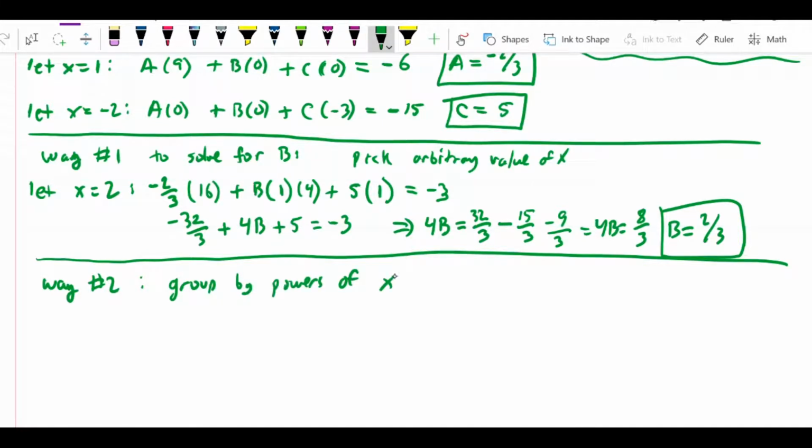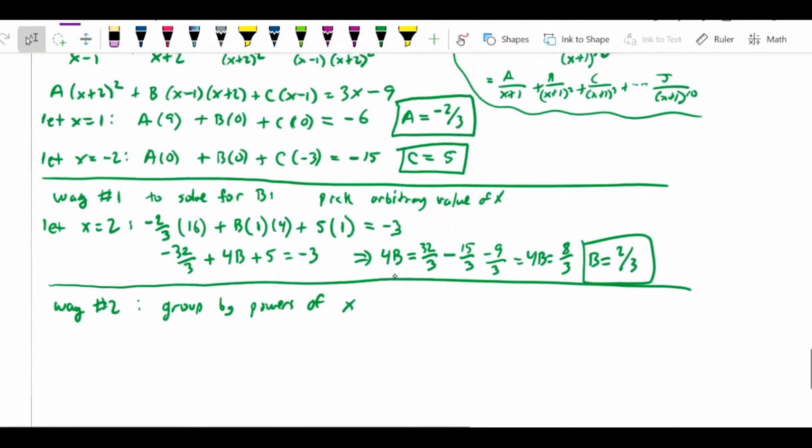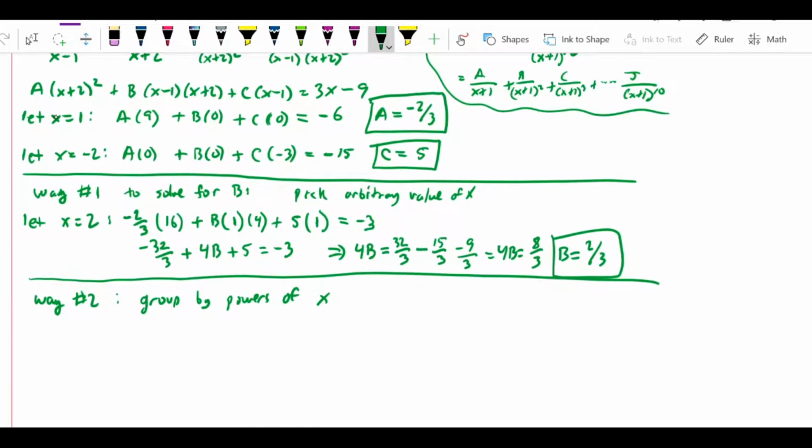What you're going to see is that the coefficients of each power of x are going to have to match. Let's take a look up here at, I have a times x plus 2 squared. Well, we know that x plus 2 squared is just x squared plus 4x plus 4, and we also know that a is negative 2/3. So I have negative 2/3 x squared plus 4x plus 4.